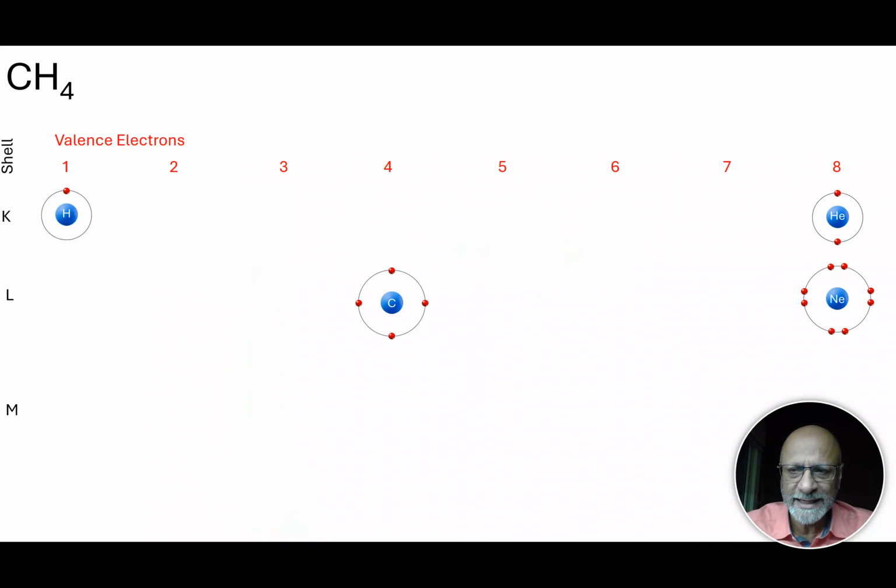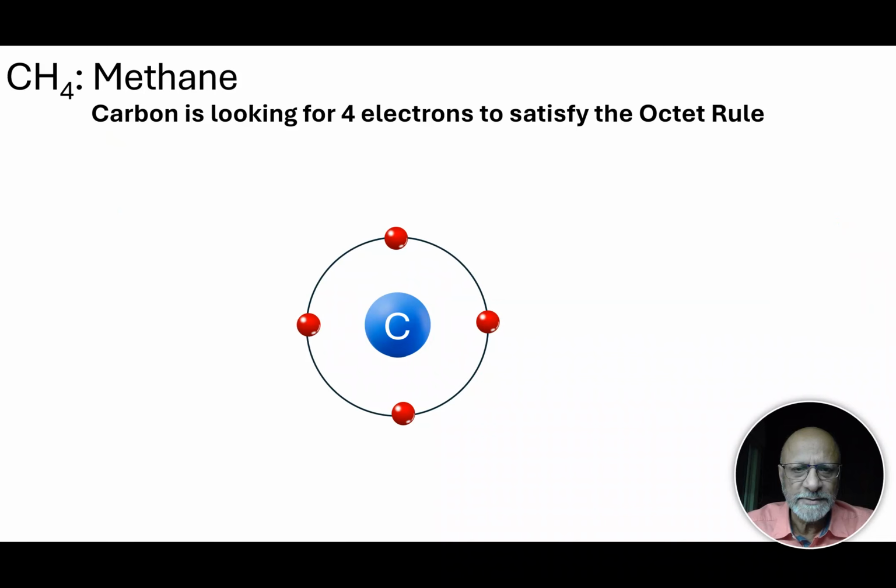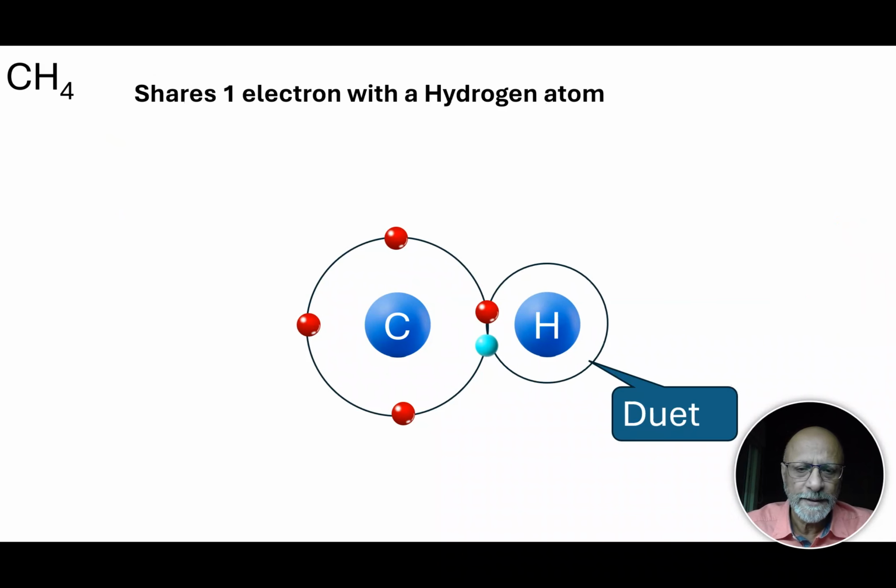Let's now do methane, the simplest form known to nature. So here we have hydrogen that wants to go to helium and carbon that wants to go to neon. So now here's methane. So carbon is looking for 4 electrons to satisfy the octet rule.